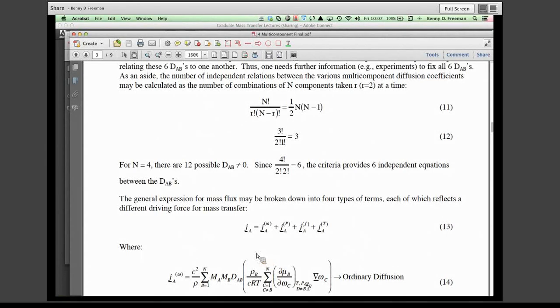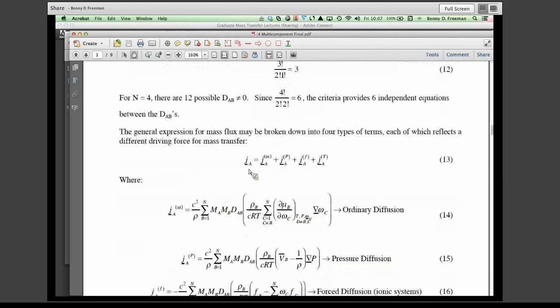And so if I go back to the expression earlier, I can rewrite the diffusive mass transport in terms of a piece that depends upon concentration gradient driven diffusion, pressure driven diffusion, species-specific body force driven diffusion, and thermal diffusion. So all I'm going to do is rewrite the original expression for the diffusive mass flux. I'm going to break it out into these 4 components.